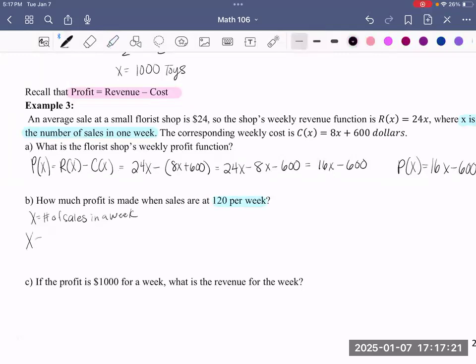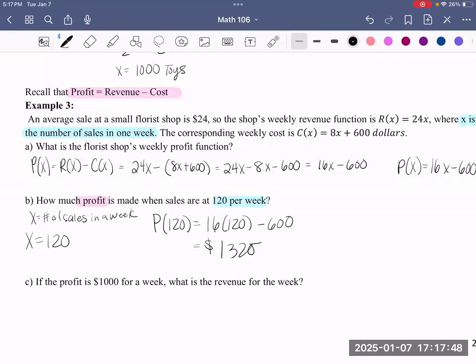So we know that x is equal to 120. So we can put 120 into your profit function because it's asking for profit this time. It didn't ask for cost. It didn't ask for revenue. It said profit. So we get to put it right in. 16 times 120 minus 600. That'll get us to 1,320.